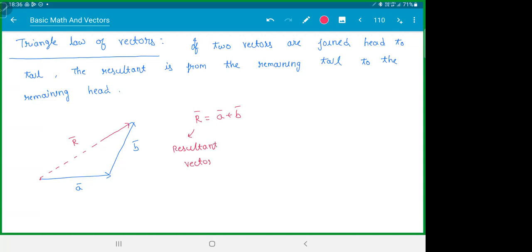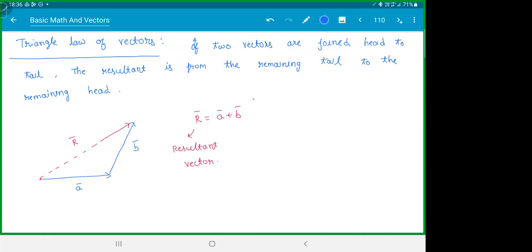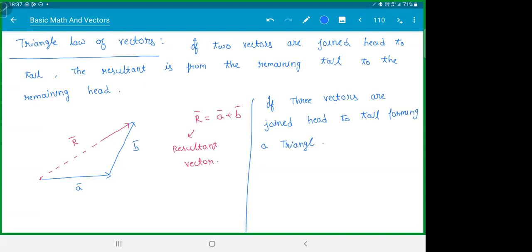That's it. Simply what the triangle law says is, if you're going from one point to another, you could have just gone directly. So if three vectors are joined head to tail, forming a triangle, then the resultant is 0.